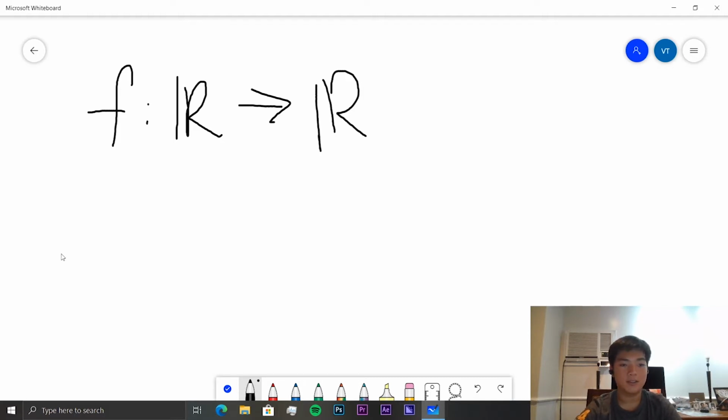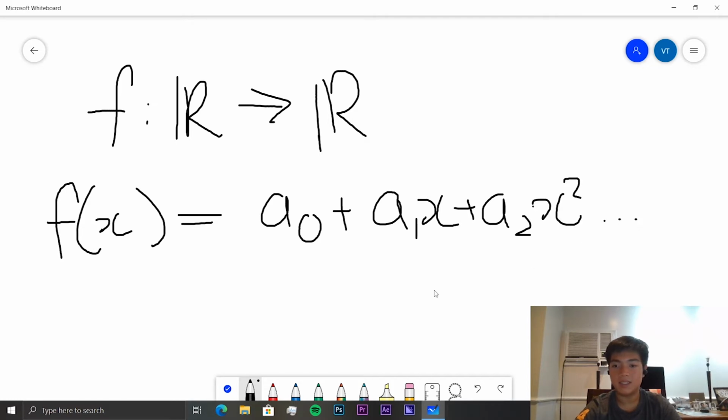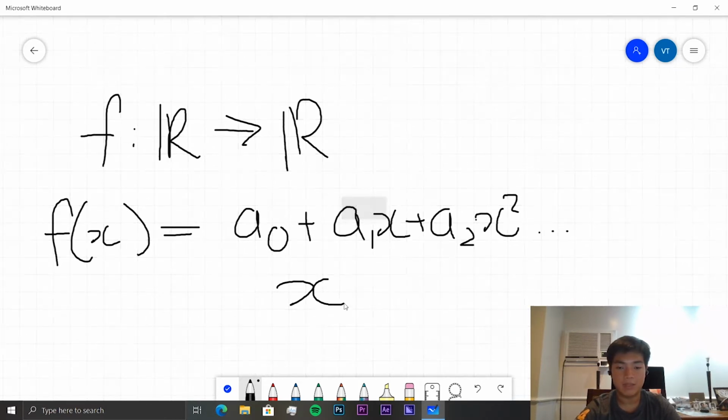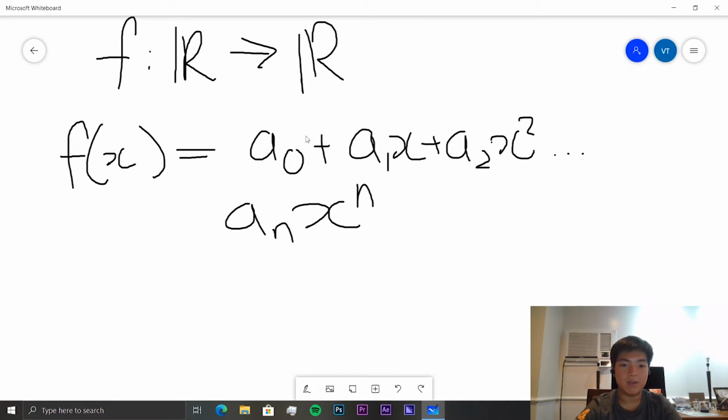And they are also of the form f of x is equal to a_0 plus some other constant times x plus some other constant times x squared, all the way until some maximum number, so a_n times x to the n. And these letters a, all of these constants, are called the coefficients, and the highest power, which is what n is, is called the degree of the polynomial.